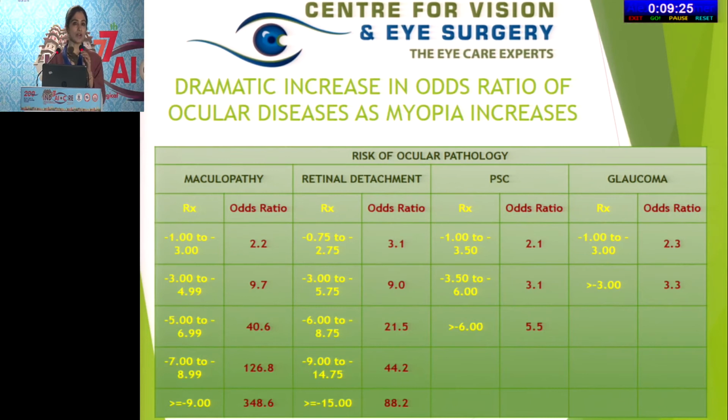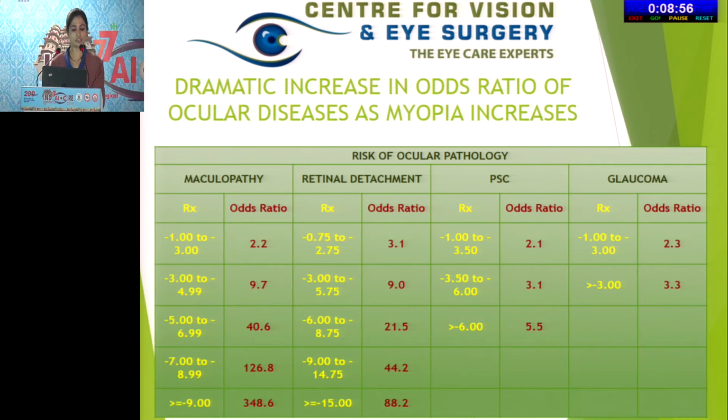Okay, I think we have heard a lot about the RILs and also what Dr. Rohit mentioned in his talk, that we all agree on the consequences of high myopia. If we just see how ocular diseases increase as the myopia increases, the way the odds ratio increases with increasing myopia is really something we need to look at.